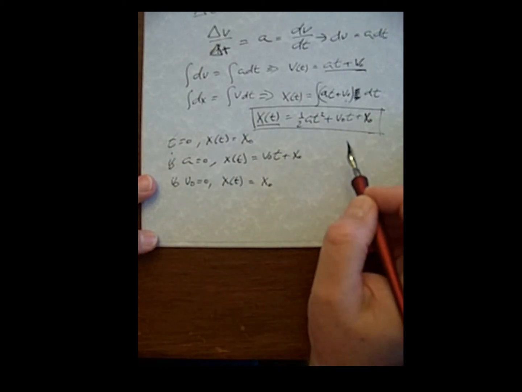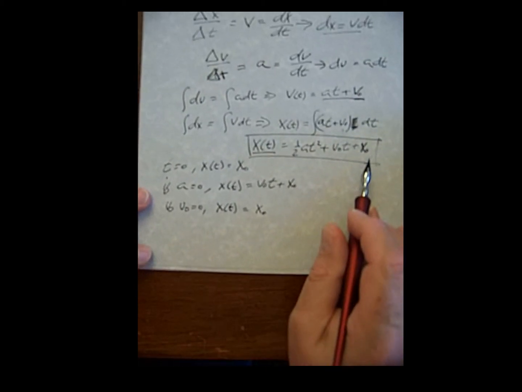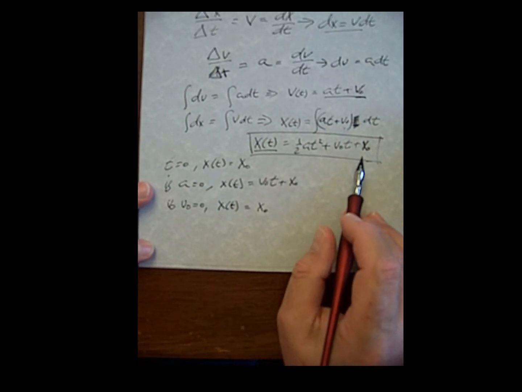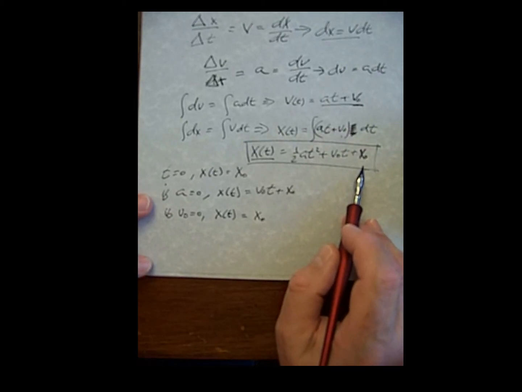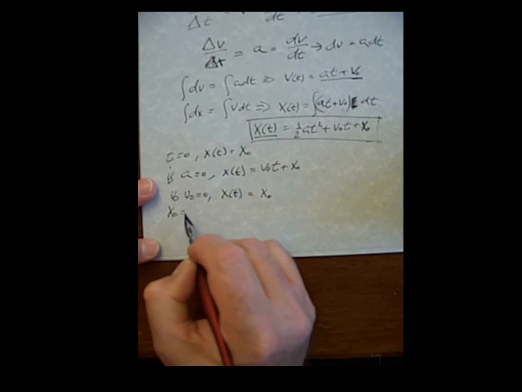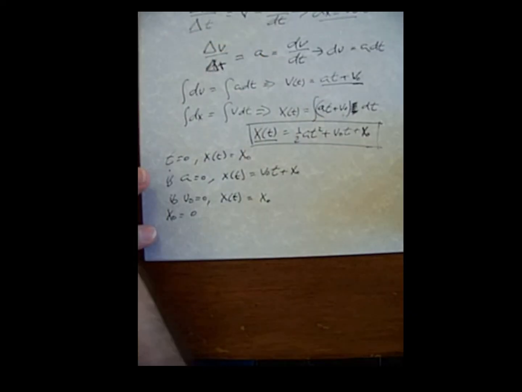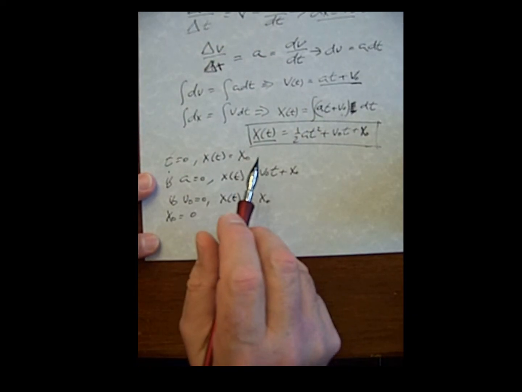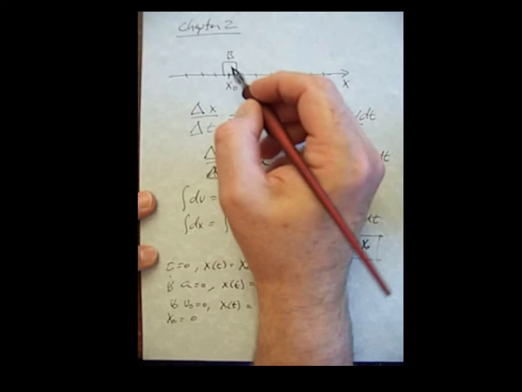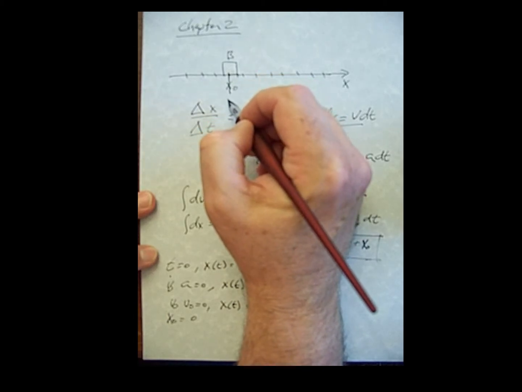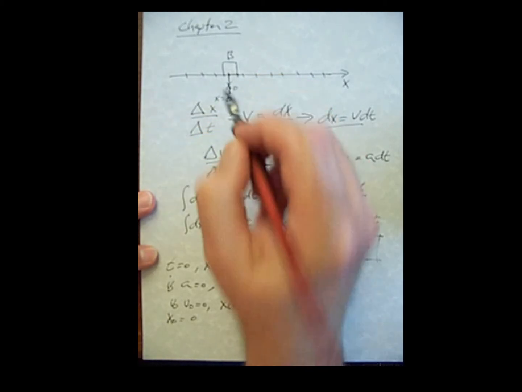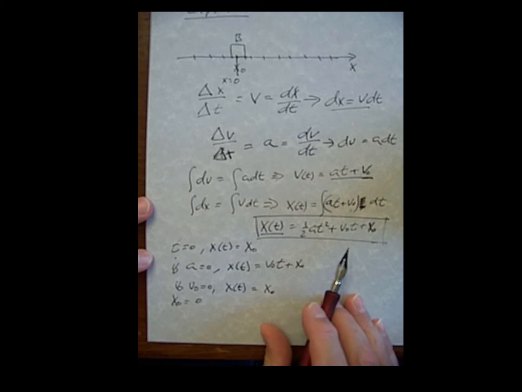And just for simplicity's sake, let's say that he also has no initial position. In other words, x of 0 is equal to 0. So we're going to redefine our number line so that he's sitting here at position x equals 0. So he's sitting there and we want to make him move.